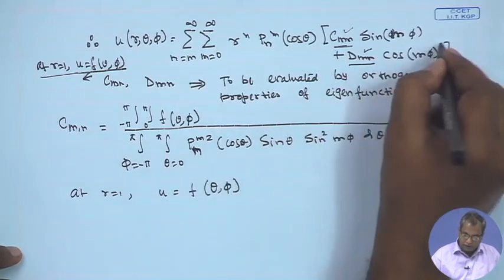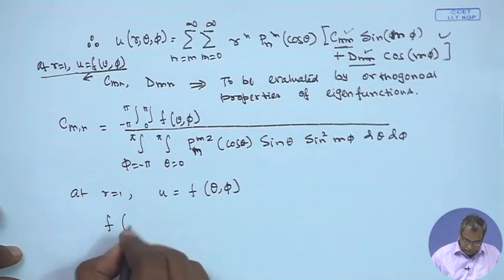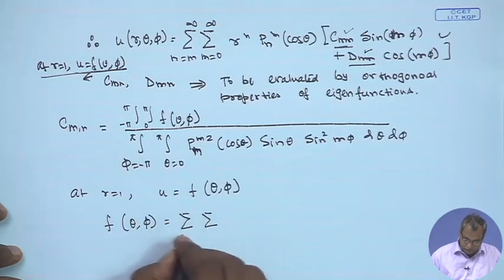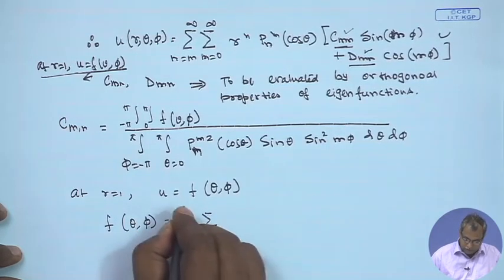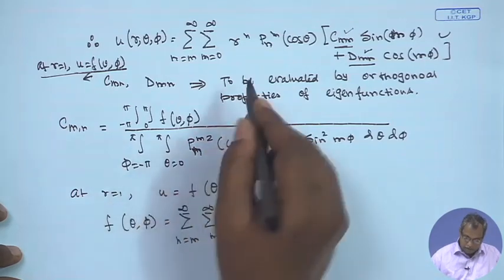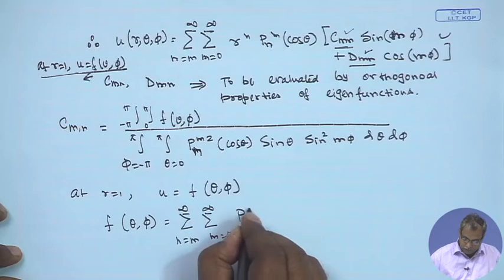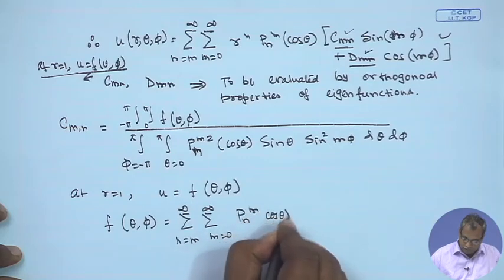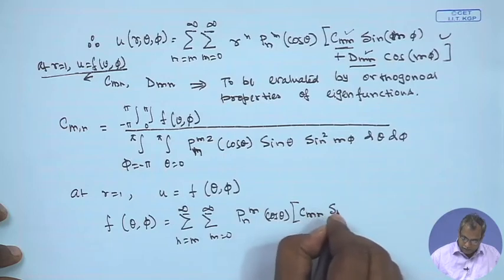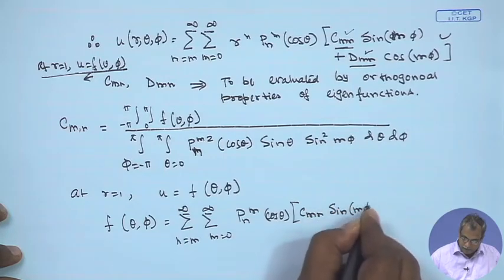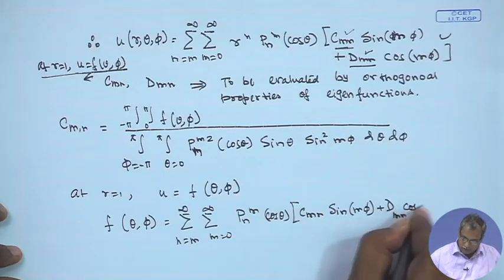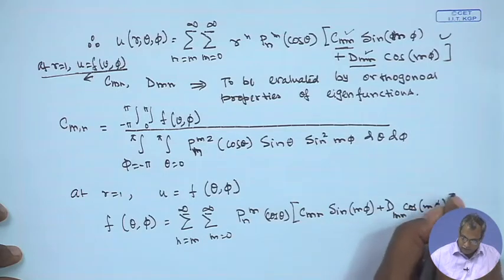If I put that in the governing equation, then f of theta and phi is equal to double summation n is equal to m to infinity, m is equal to 0 to infinity, and r is equal to 1, so that will be gone. So P n m cosine theta multiplied by C m n sin m phi plus d m n cosine m phi.